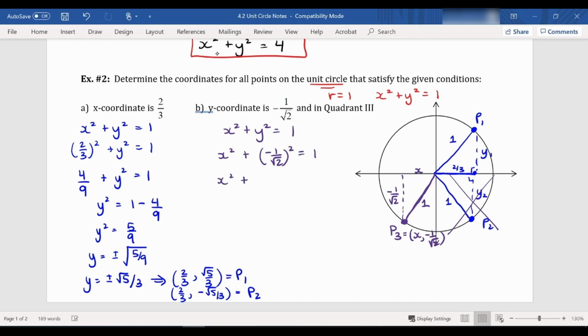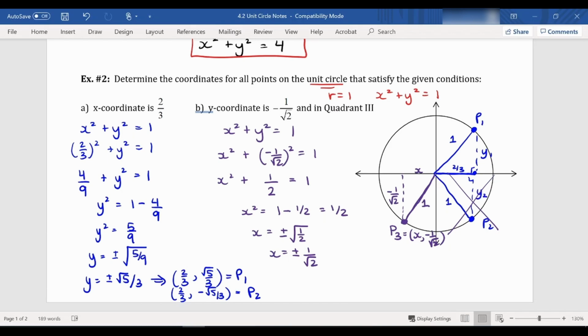If I square that, I get 1 over 2 equals 1. That means x squared is equal to 1 minus 1/2, which equals 1/2. This means that x is equal to plus or minus root 1/2, or plus or minus 1 over root 2.